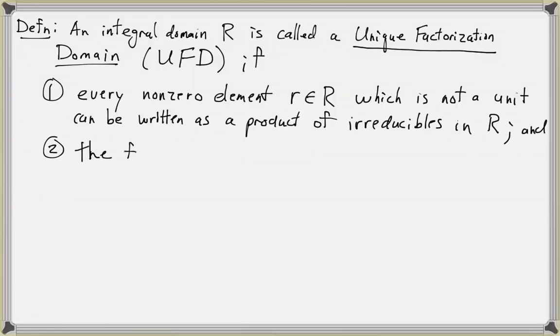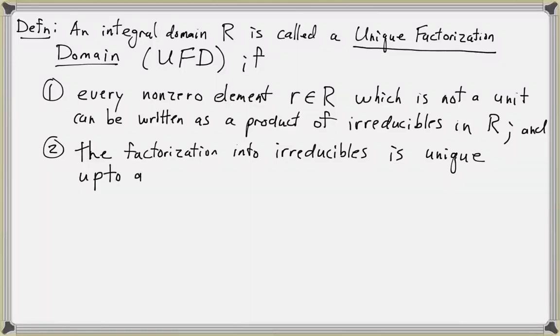Factorization into irreducibles is unique up to associates and the order of the factors.